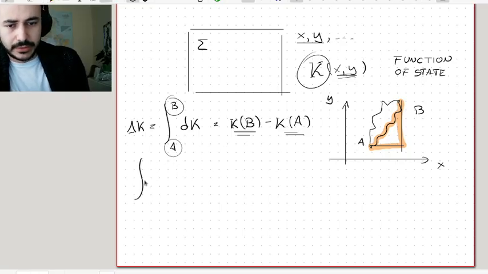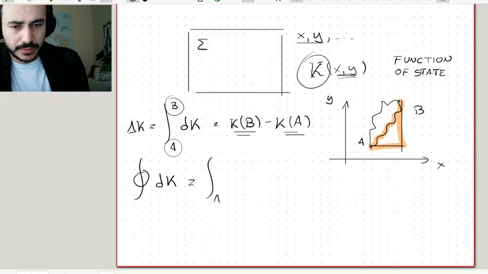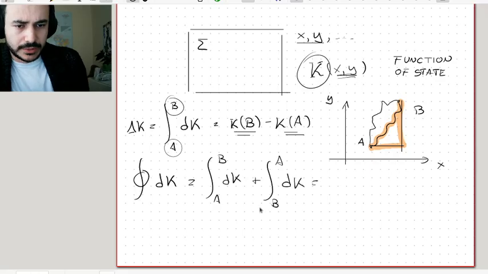Okay, so the integral in a round trip of the differential of k, which is a function of state, is just going to be the integral from A to B plus the integral from B to A, but this is of course equal to the integral from A to B minus the integral from A to B. So this is always going to be 0.